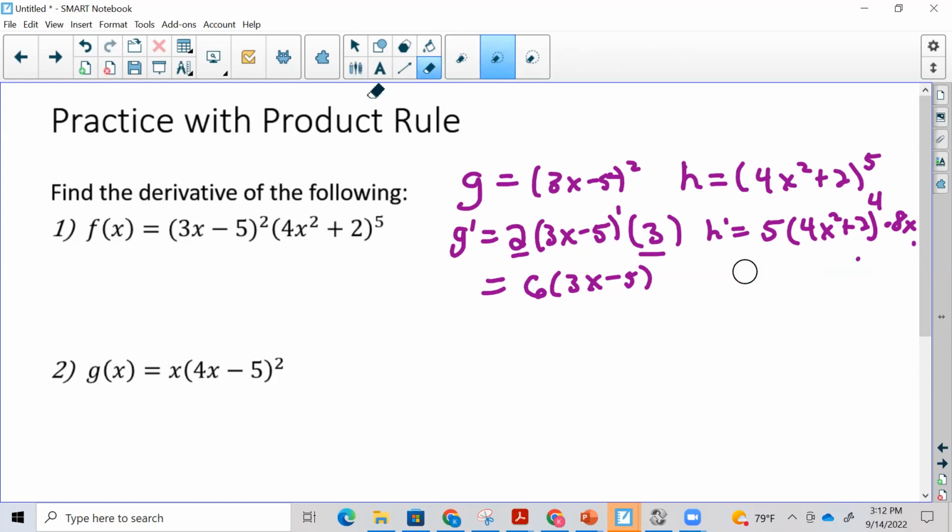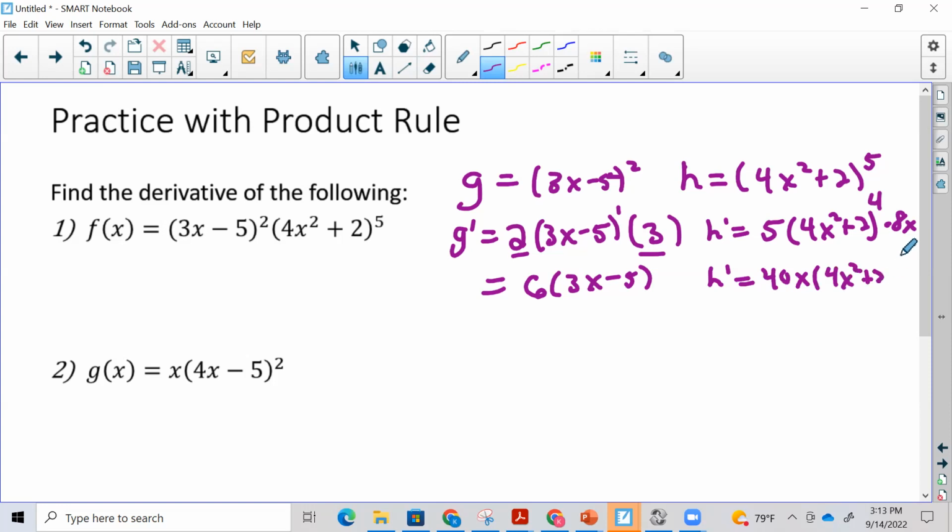And then we do our combination. It's g times h prime plus h times g prime.